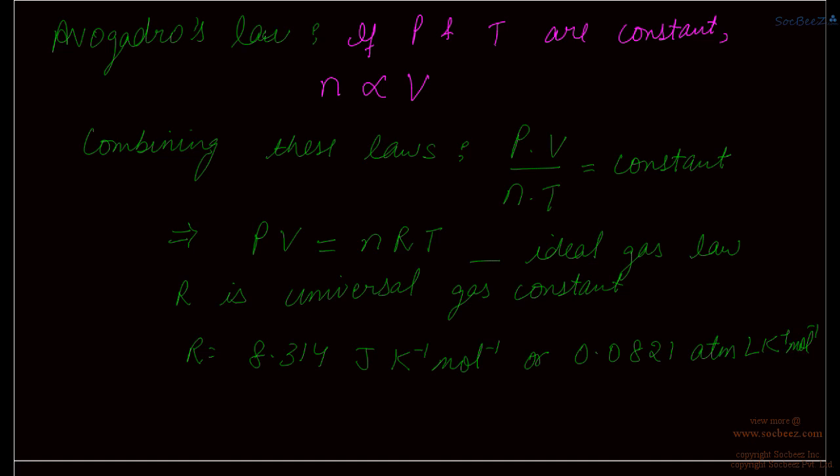So the value of R depends on the units that we are employing. It is also equal to 2 calories per Kelvin per mole. So with units, the value of R keeps on changing.